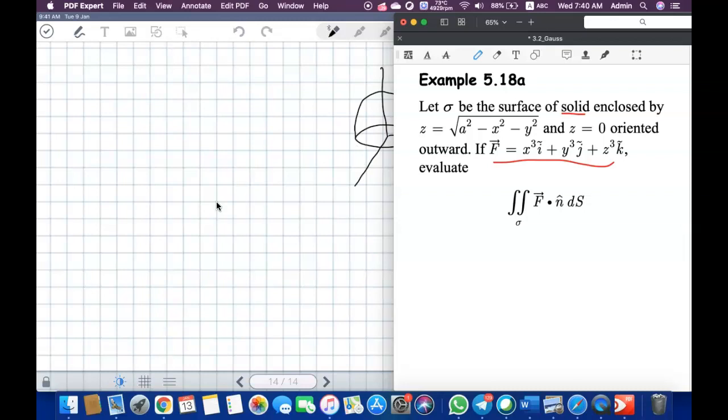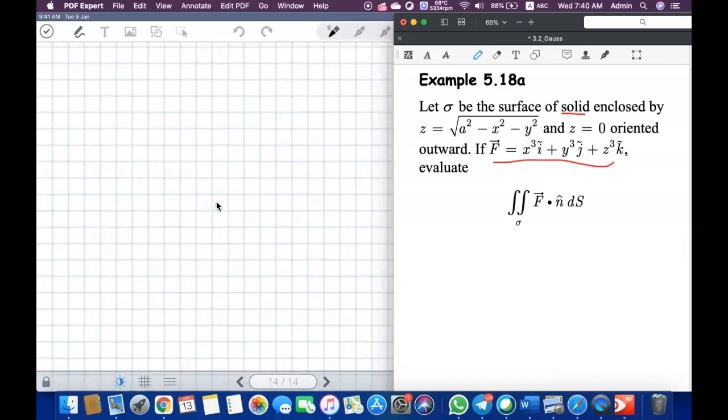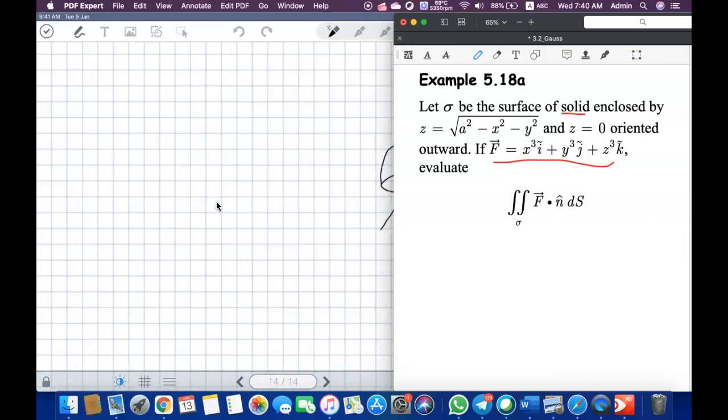Sigma has two parts: sigma 1 is z equal to the square root of a squared minus x squared minus y squared, and sigma 2 is z equal to 0. In this case we don't want to use direct computation, but Gauss: instead of a double integral, we use a triple.